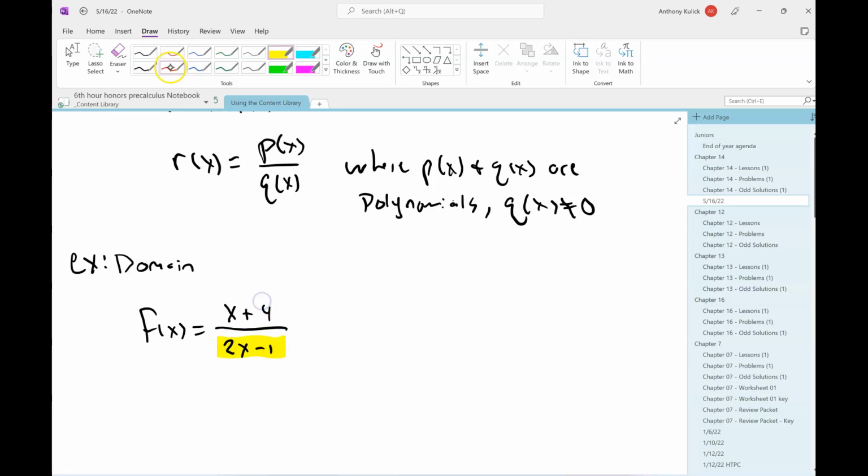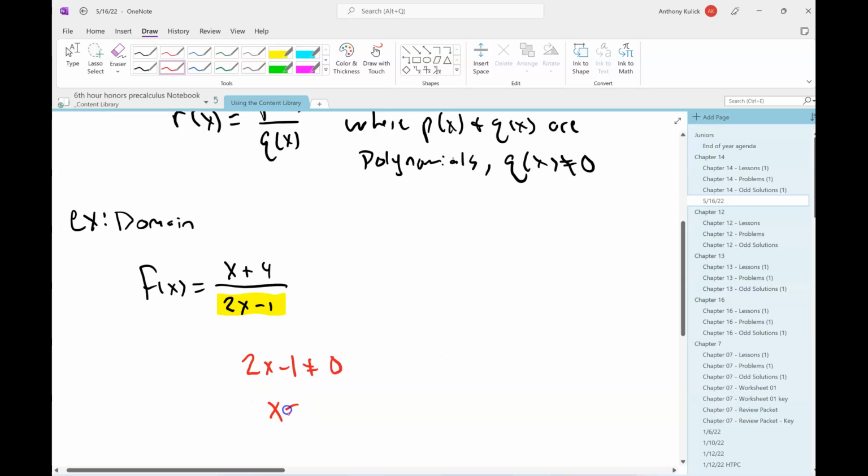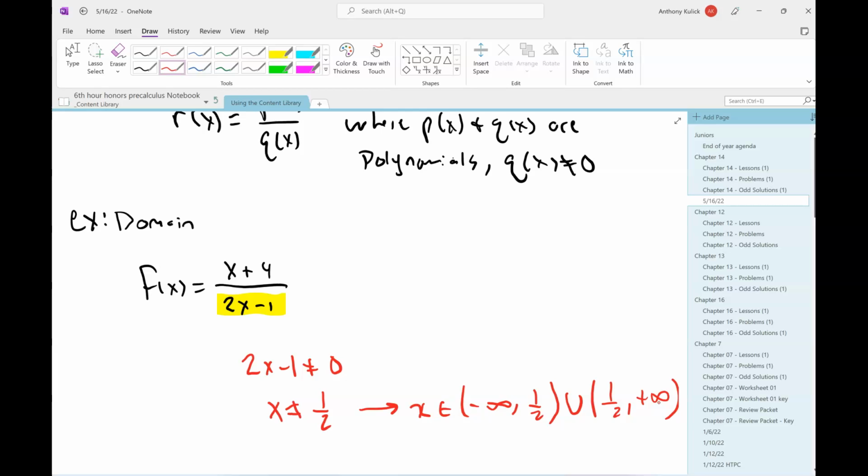So the domain will just be everything except where the denominator is 0. So how do I write that using proper interval notation? I do negative infinity up to a half, and then a half to positive infinity. Note that I'm using the parentheses there to indicate that the 1/2 is not included.